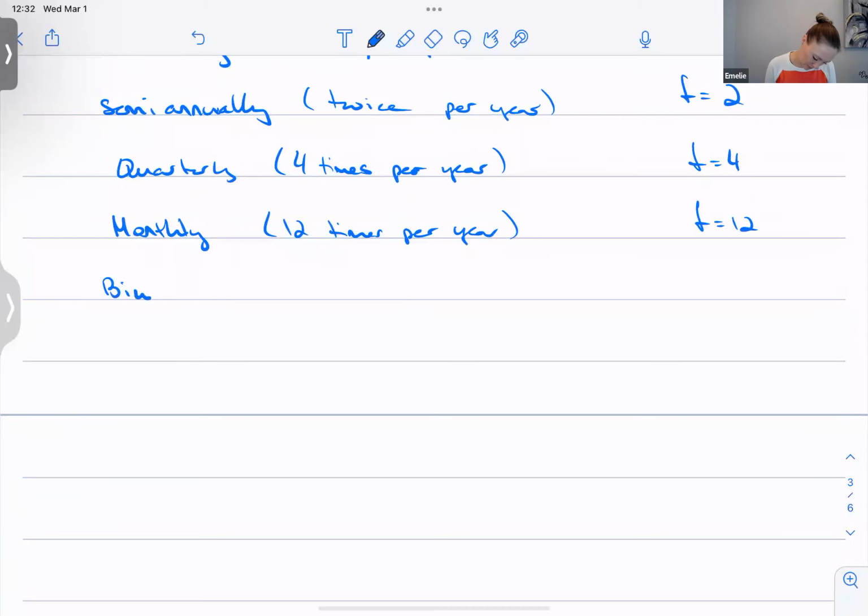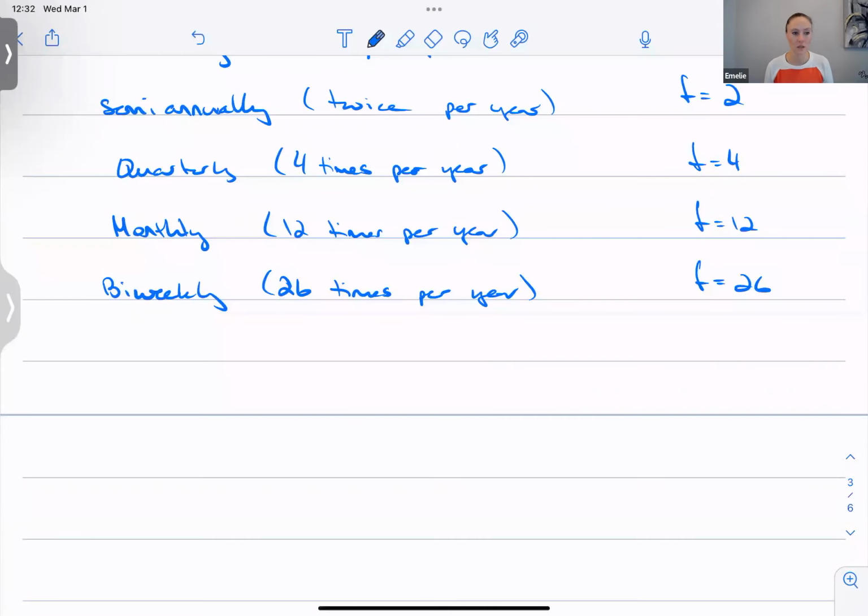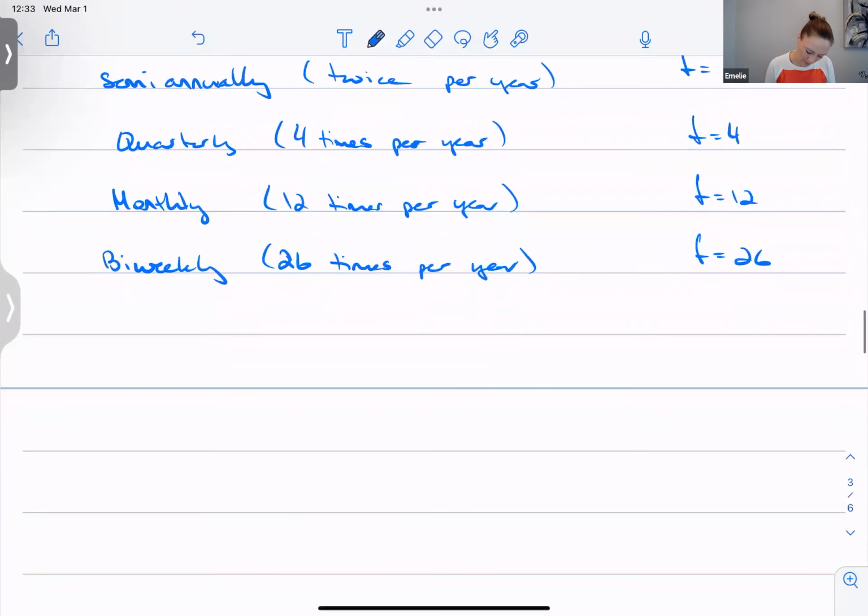Bi-weekly is 26 times per year. So F is 26. Weekly is 52 times per year.